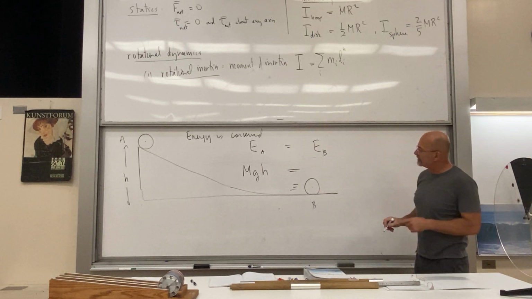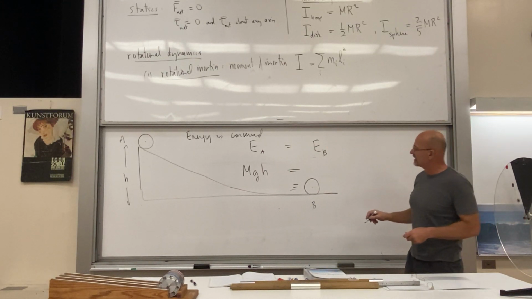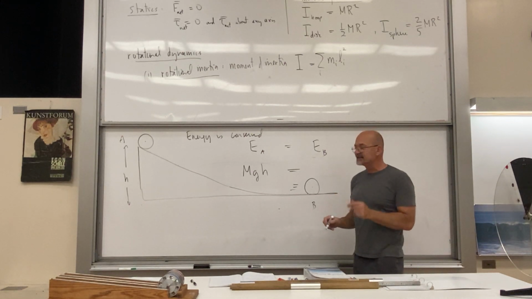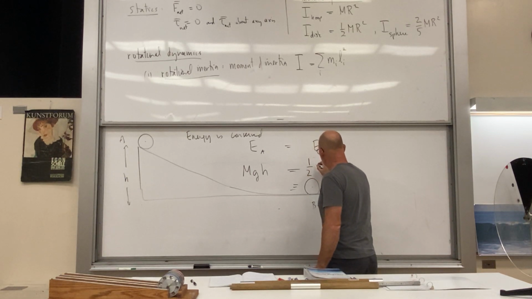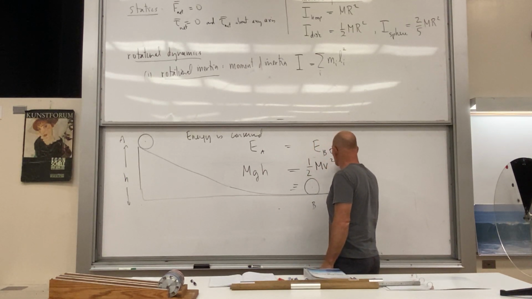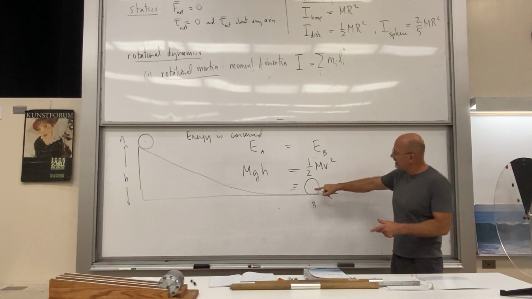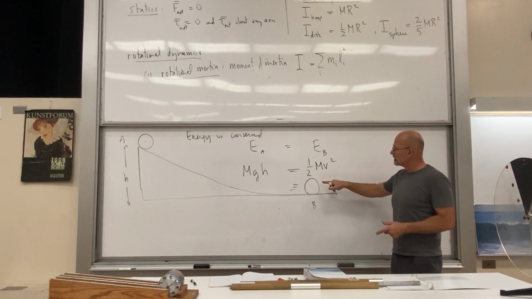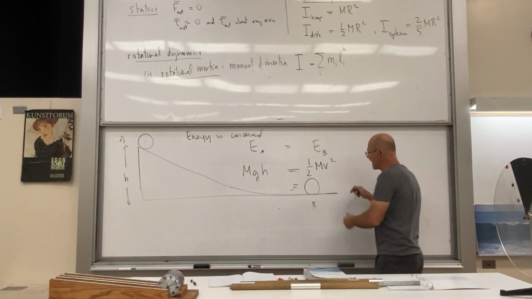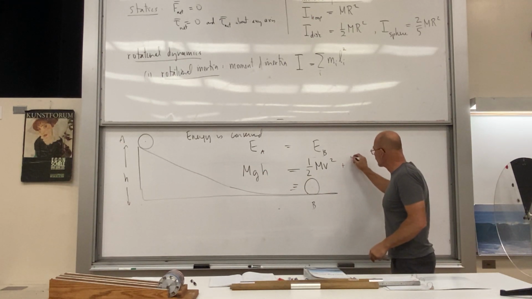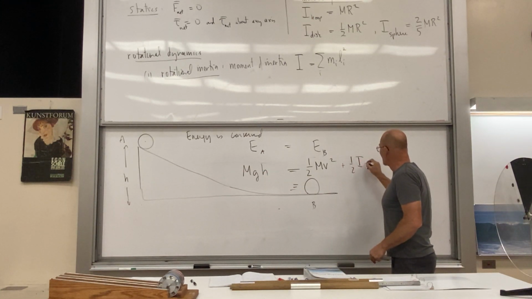Now here at point B, it's moving, but it has two kinds of kinetic energy. It has 1/2 mv squared, but it's not only moving, it's rotating. So it's translating, that's a forward motion, and it's rotating, so it also has 1/2 I omega squared.